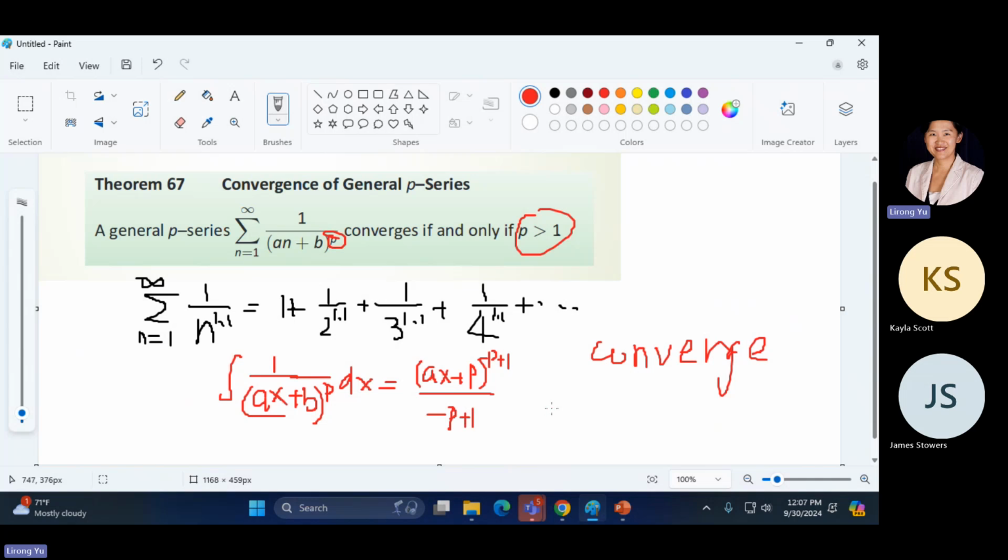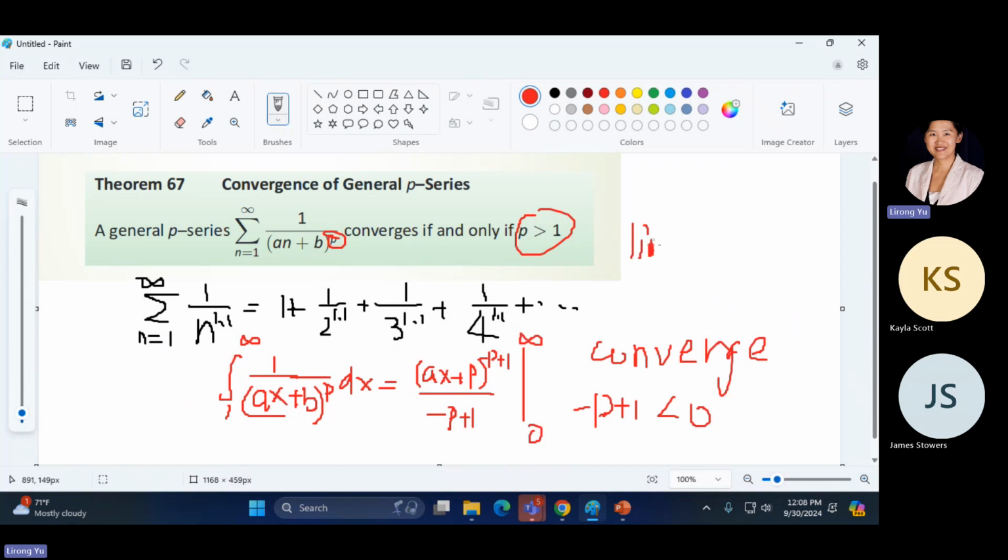This is the reason why we want that p to be bigger than 1, because this is 1 minus p, a power. We want this power to be negative, less than 0. That way, when this power is negative, then for the limit of the numerator, we calculate it at infinity, from 1 to infinity. So we're going to find the limit value of this at infinity.